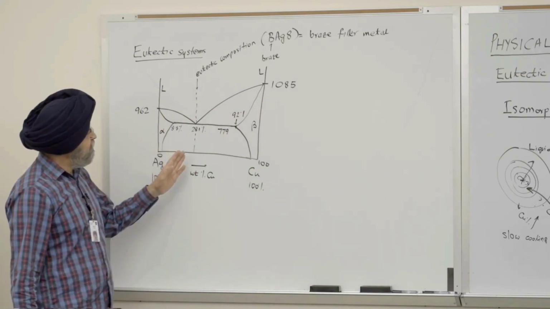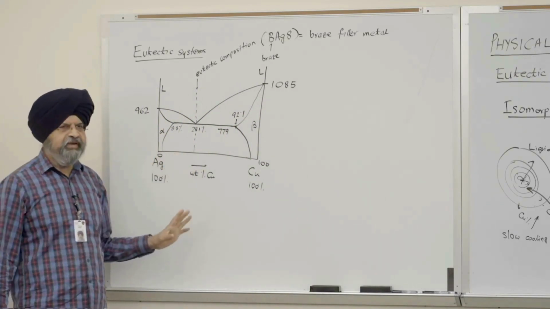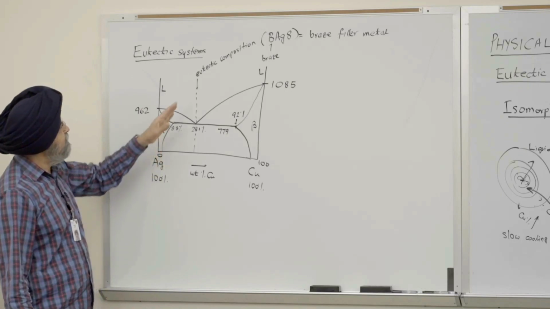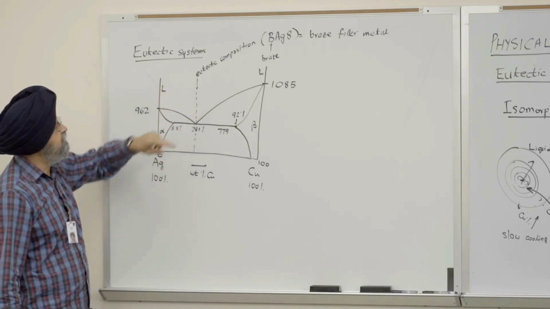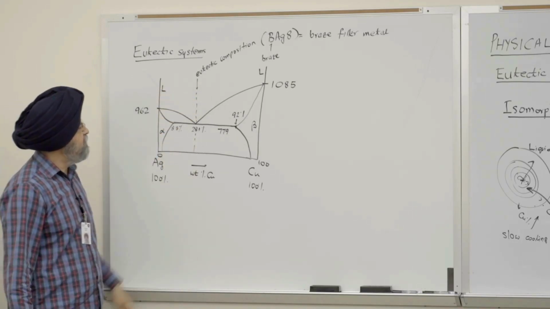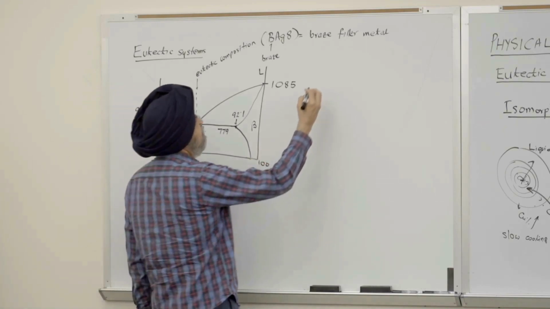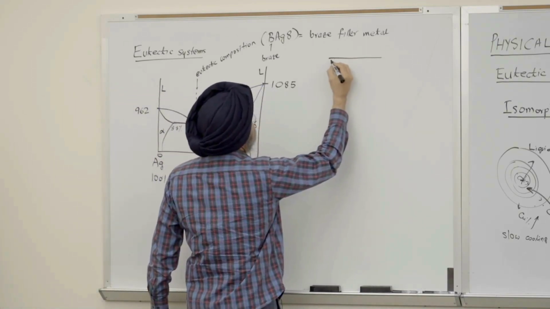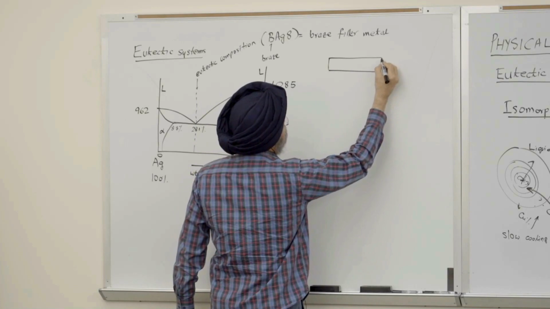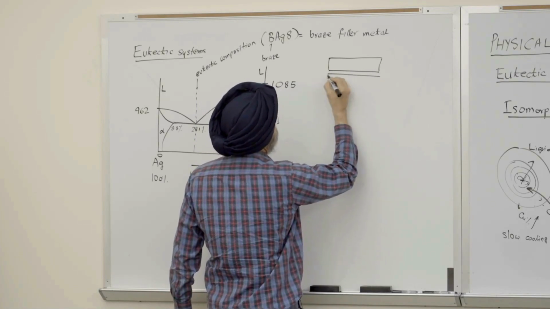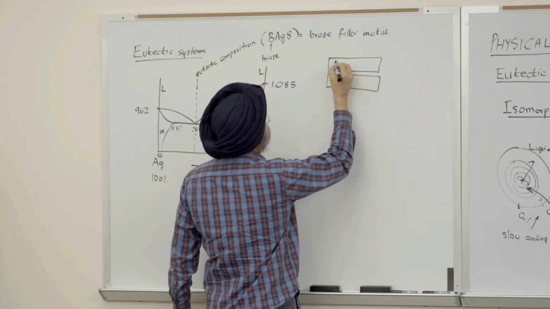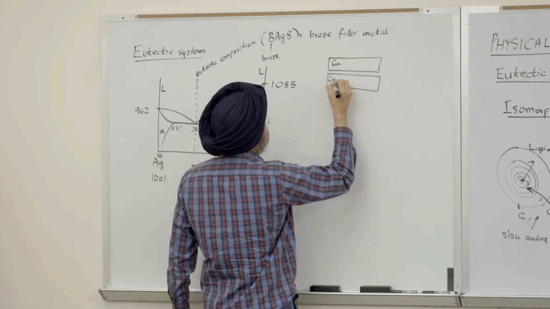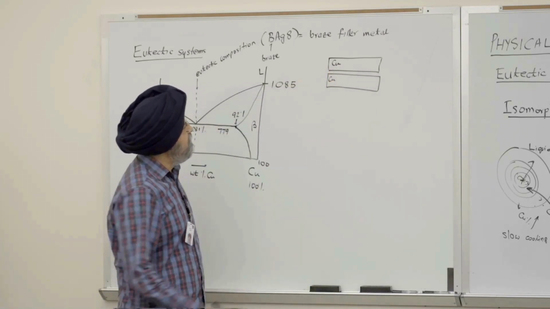So I'm deviating somewhat from the phase diagram because I want to explain the significance of this composition. So we use this for brazing. So if you have, let's say, 2 pieces of copper, like so. So this one is copper, this one is copper, and you want to join them.